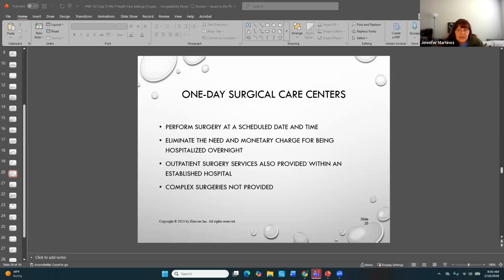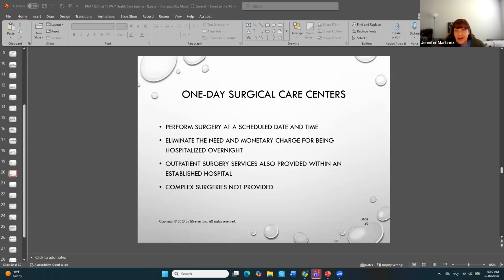We have one-day surgical centers, or ambulatory surgery centers. If you don't have to be hospitalized overnight for your procedure, then you may go to an ambulatory surgery center. These are not complex surgeries.